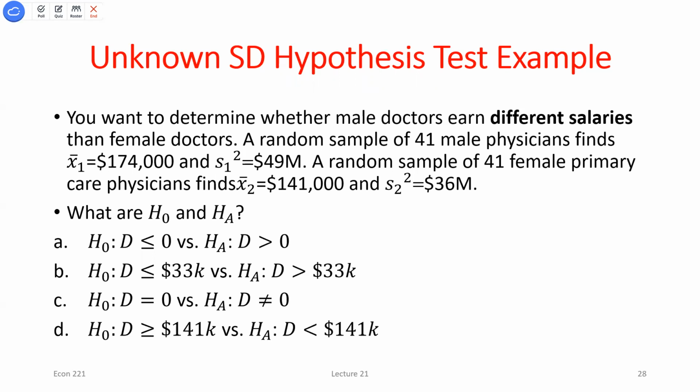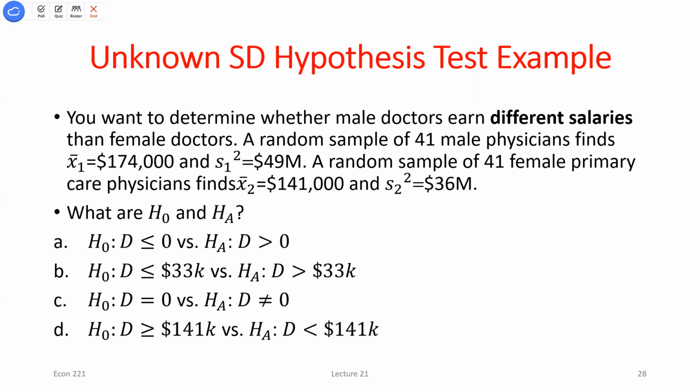So if I want to test whether male doctors earn different salaries than female doctors, I've got this term "different than." What am I really thinking about doing with my null and alternative hypothesis? If I want to know that male and female physicians have different starting salaries, that's what I want to test for. Then I'm really saying that the difference would be not equal to 0, right?